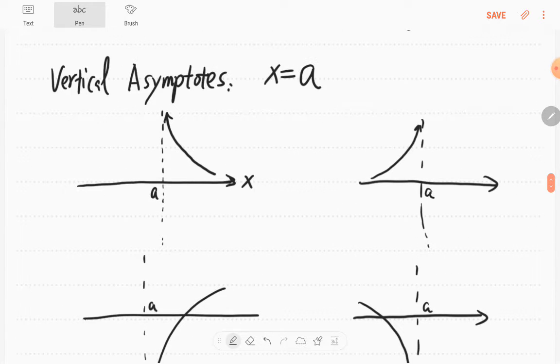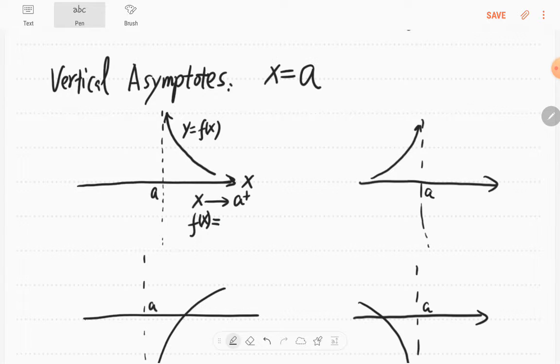So here, when x approaches A from the right side, bigger than A, we denote it by x approaches A plus. Then the function value, this is our y equals f of x, will increase forever but never cross, right?